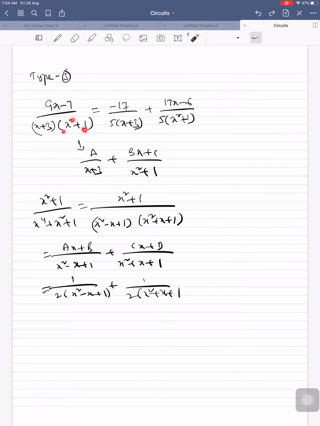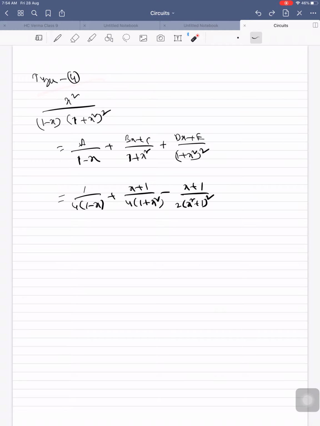For x square plus 1, put x equal to 0, already you got a, then we will get c, because bx plus c, if you put x is 0, then this will be vanished, c will get, then go try to do b. Try to do your method, how fast you can do.